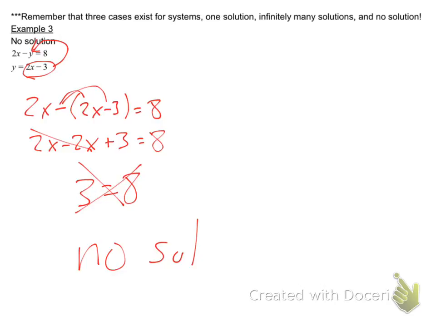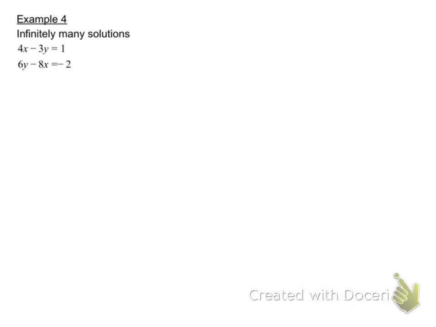Next question. Do the same process. Tell me why there's infinite many solutions to this. Without graphing, we know if I had to graph these, you would not see the difference. The lines would be stacked on top of each other. What are we recognizing on this? It's the same equation.